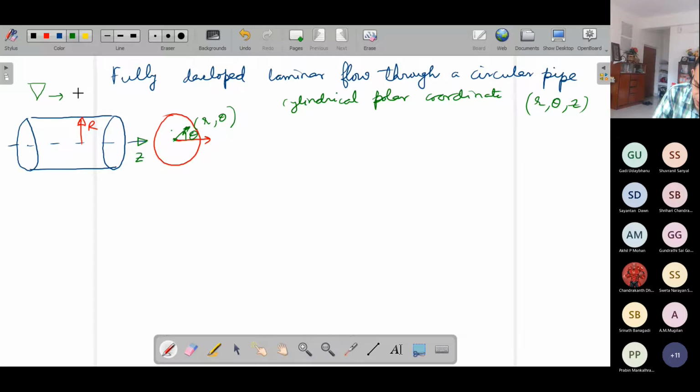The expression for this in terms of the r, theta, z system is there in any vector calculus textbook. So you can use that in conjunction with the vector form to arrive at these equations, which I am going to write now.